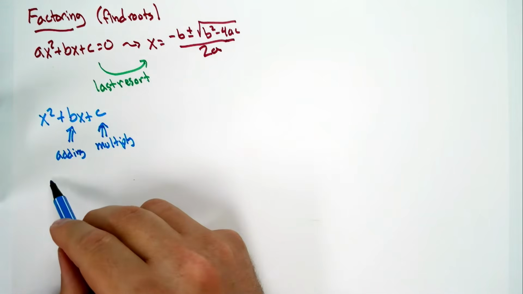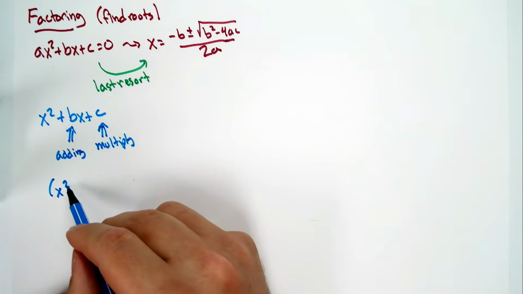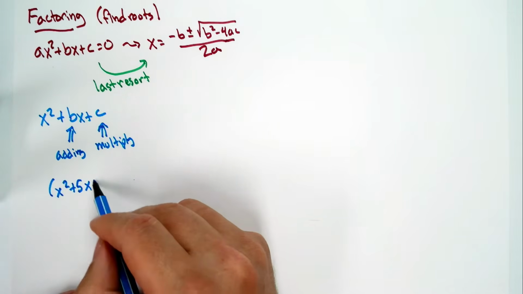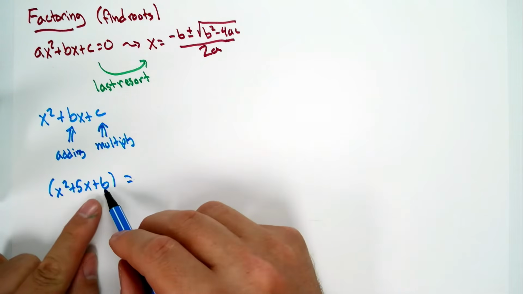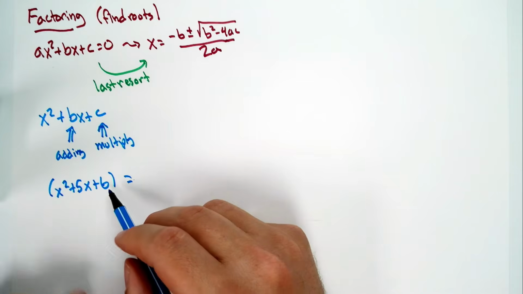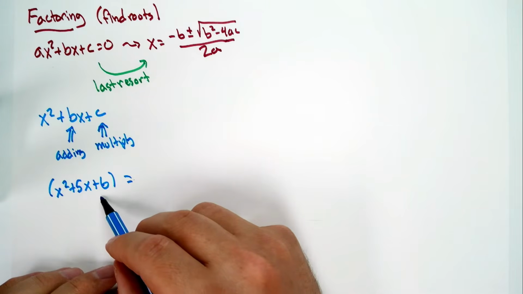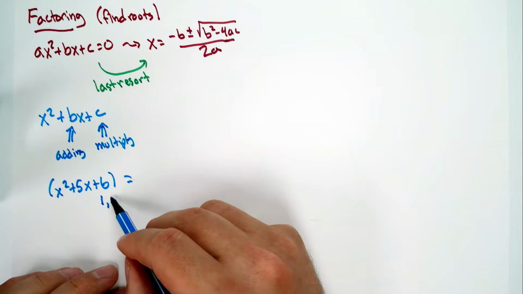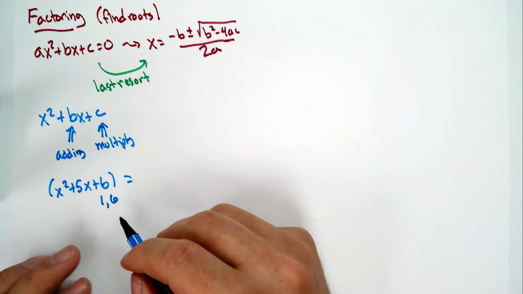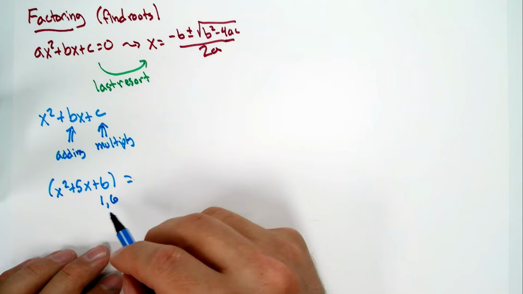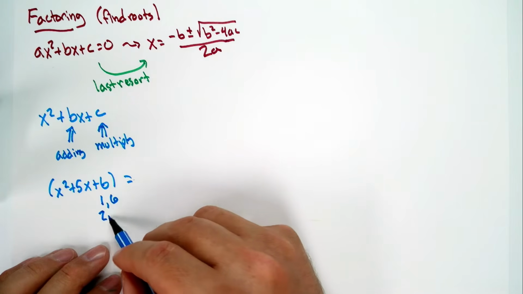So let's try some examples. x squared plus 5x plus 6. All right, what could that be? Well, I need two things that multiply to 6. There's not a lot of ways to write 6 as a product of two nice numbers. There's lots of ways to write 6 as a product of not nice numbers, but two nice numbers, there's like 1 and 6, and 2 and 3.